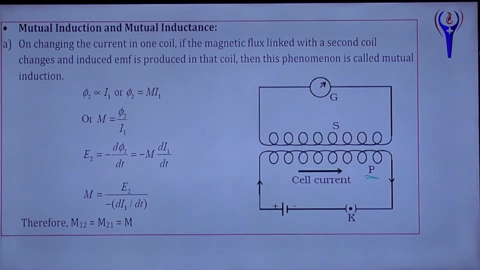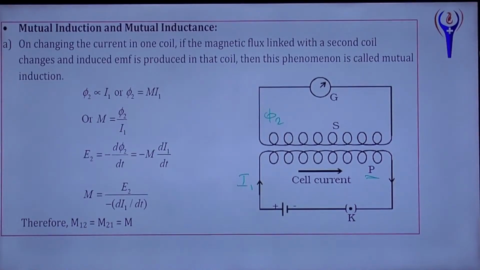Phi 2 is proportional to I1. I1 is the current in the primary circuit, and phi 2 is the magnetic flux in the secondary circuit. Phi 2 equal to M into I1. Here M is the mutual inductance, M equal to phi 2 by I1.